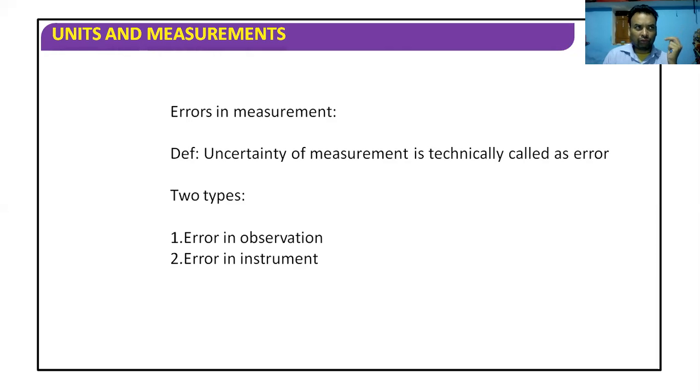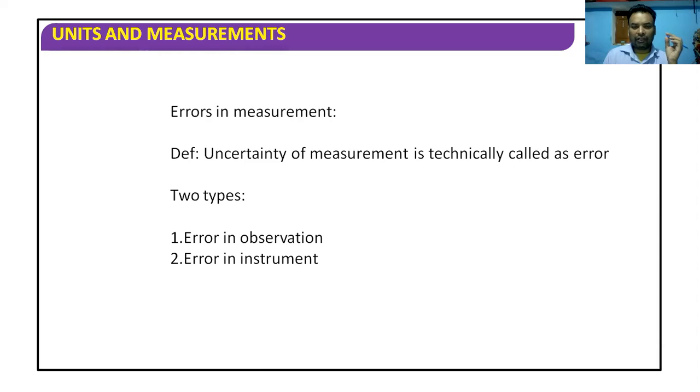If we are not getting exactly the true value in our measurement of any physical quantity, it means we have errors. This is called error. If the observed or measured value is not exactly equal to the true value, we have error in our measurement. So the next slide, the topic of discussion, is error in measurement.